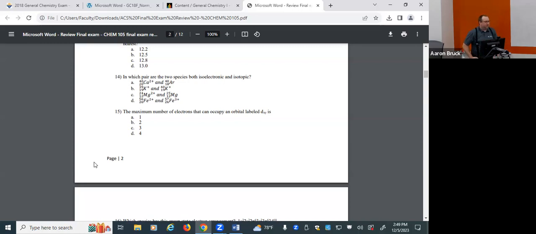Mass is another example of an extensive property. The more stuff there is, the more massive it's going to be. And things like heat, enthalpy, those are extensive properties as well.